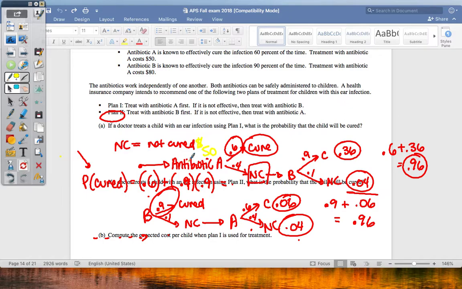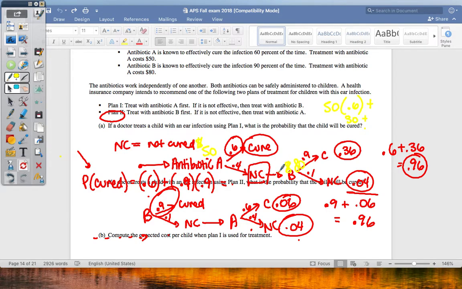So when it costs $50, the expected cost would be 50 times 0.6, right? Because that would be a cure. Plus, if that did not work, I want to make sure I've got this down here. $50 plus 0.6, which should be 30 plus, and then this over here would be 80, is that right? $80.